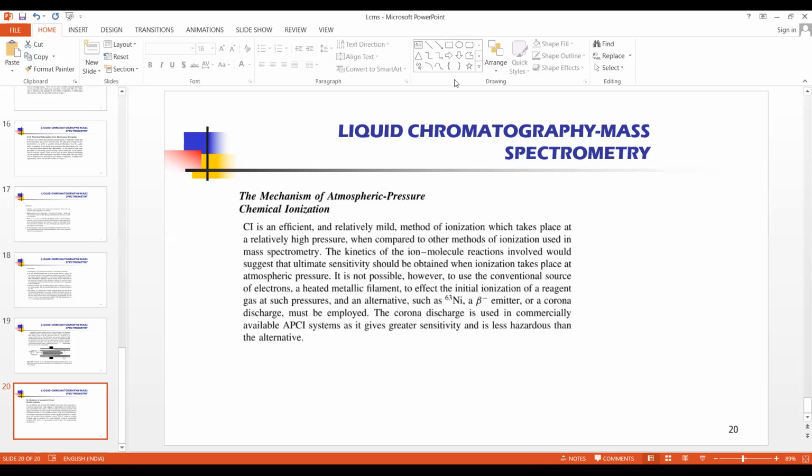All of this is taken from the book Liquid Chromatography-Mass Spectrometry: An Introduction, written by Robert E. Ardrey, 2003. That book is recommended in your syllabus, and we use it here also for reference. Robert E. Ardrey, with his Wiley publication, is the reference that you have to make.